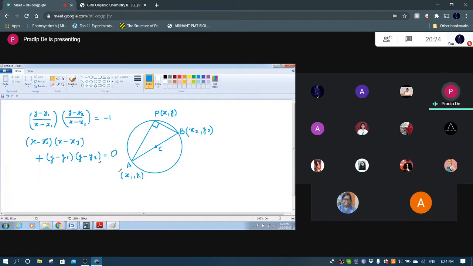This is the equation of a circle having x1 y1 and x2 y2 as the endpoints of a diameter.